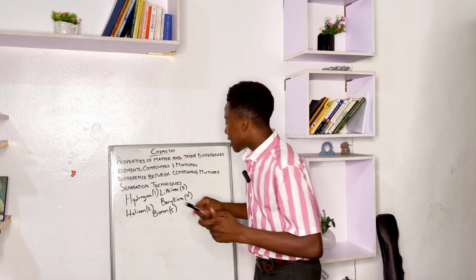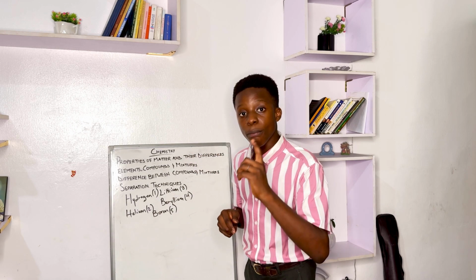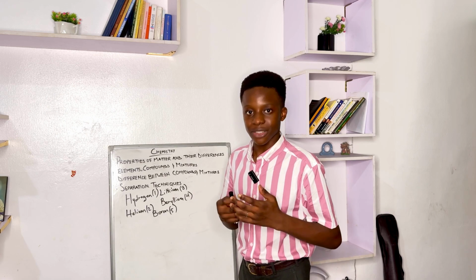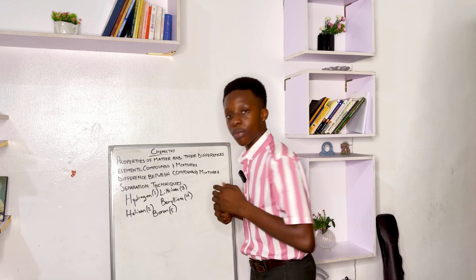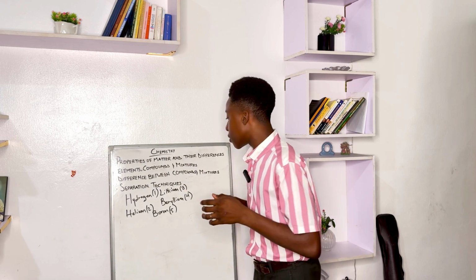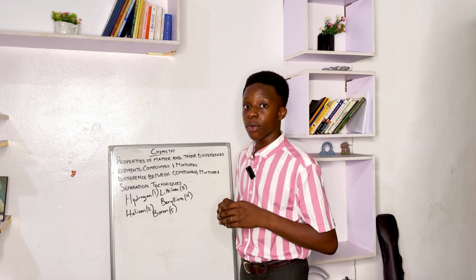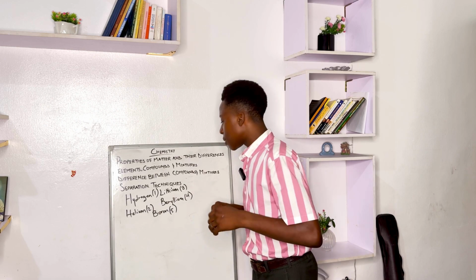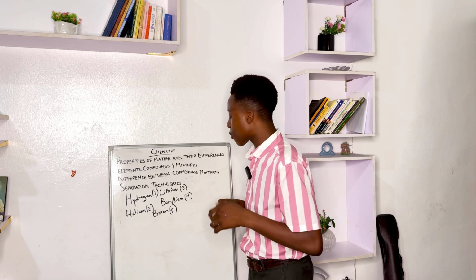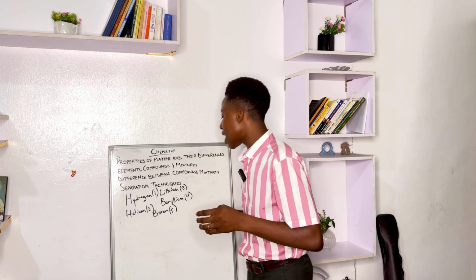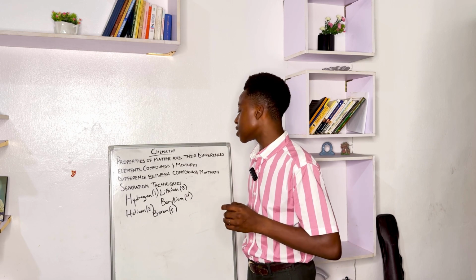This means that the atoms of hydrogen have 1 proton in their nucleus. That's what it's called. And the atom of helium has 2 protons in its nucleus. The atom of lithium has 3 protons in its nucleus. The beryllium atom has 4 protons in its nucleus, and the boron atom has 5 protons in its nucleus.